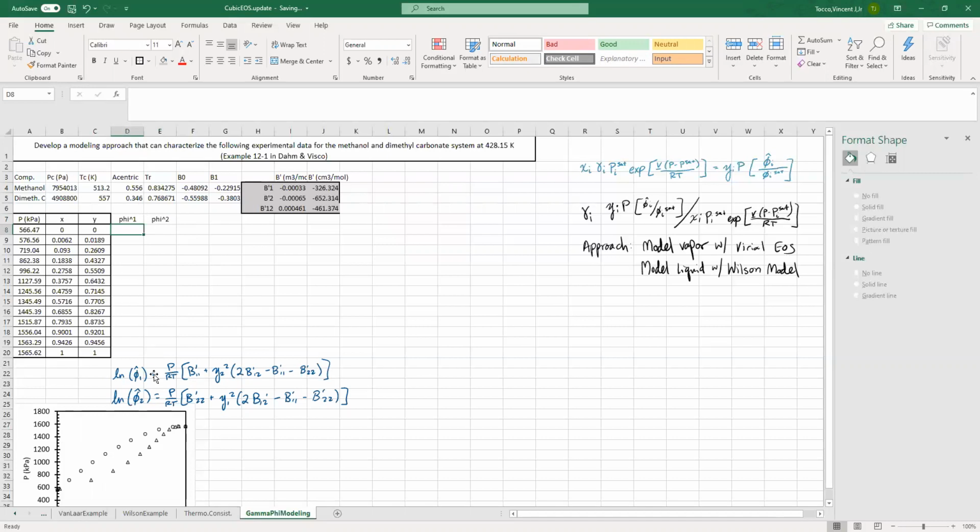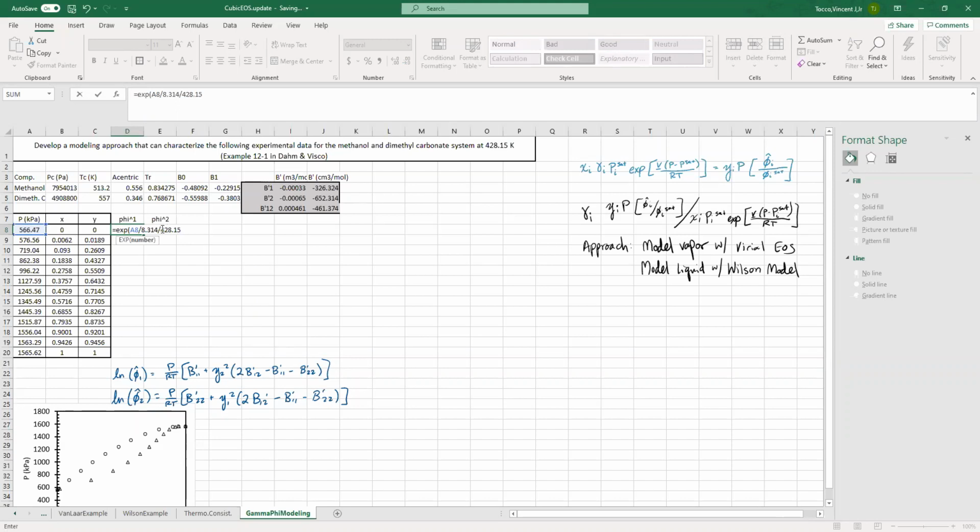All right, so I'm going to use this equation for phi hat 1, and that is exponent. So I'm taking the exponent of both sides. Exponent of P divided by RT, 8.314, divided by 428.15. And this is bad modeling practice.